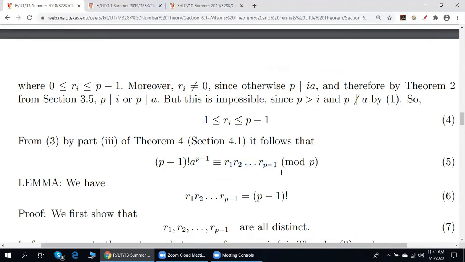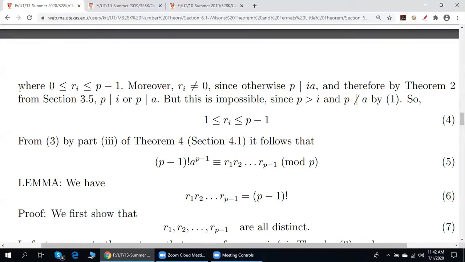The goal of the next step is to show that this product is actually equal to P minus 1 factorial. After that, we will cancel out P minus 1 factorial and get the desired result. But we have to do all these steps carefully. So let us do it slowly.